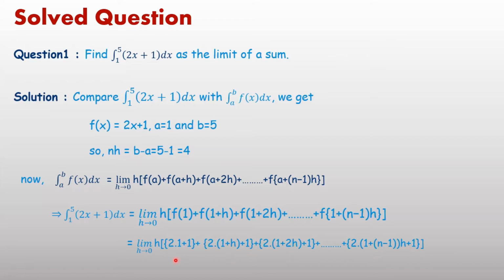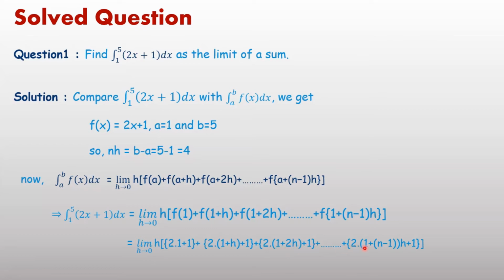If you open the bracket, just observe here, limit as h tends to 0 of h. 2 into 1 plus 1 is 3. Open the bracket: 2 + 2h + 1 means 3 + 2h. The first term is 3, the second term 3 + 2h. Now next, 2 + 4h + 1 is 3 + 4h.